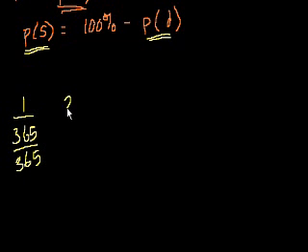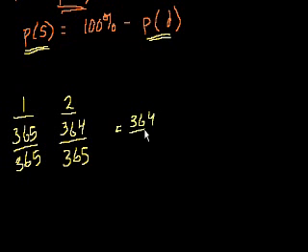And then person 2, if we wanted to ensure that they don't have the same birthday, how many days could person 2 be born on? Well, it could be born on any day that person 1 was not born on. So there are 364 possibilities out of 365. So if you had 2 people, the probability that no one is born on the same birthday is just going to be equal to 364 over 365, right?